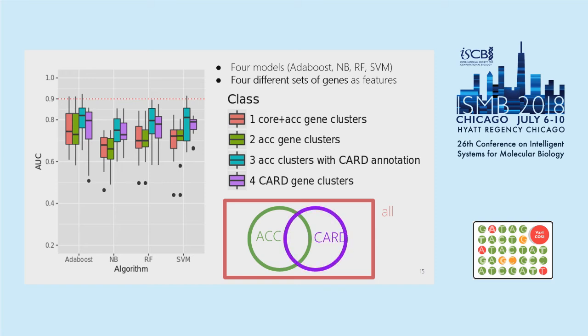The blue one corresponds to all known resistant genes. And the last one is all accessory resistant genes. So as you can see, the blue one, the CARD accessory genes, has the best performance, telling us that a rather small portion of the pan-genome can predict the antibiotic resistance rather well.